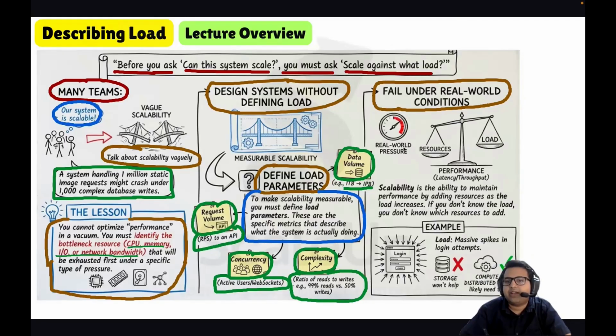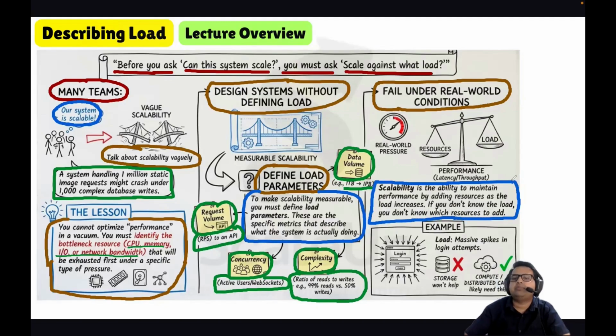Scalability is the ability to maintain performance by adding resources as the load increases. So load plays a very important role in scalability. If you don't know the load, you don't know which resources to add.